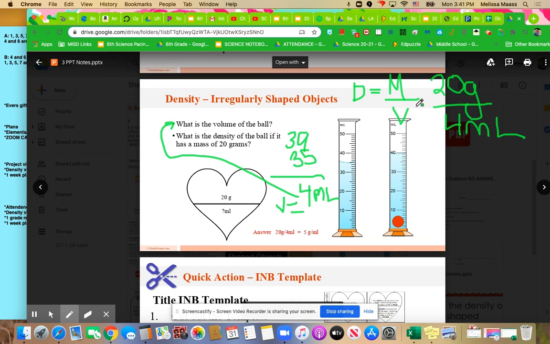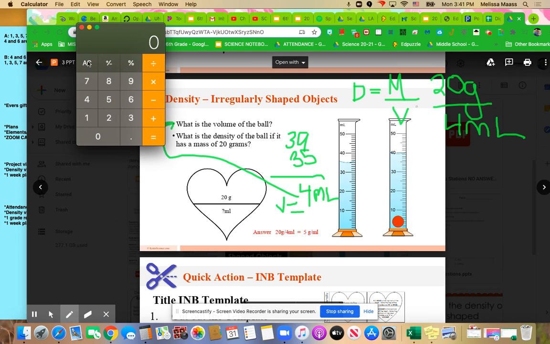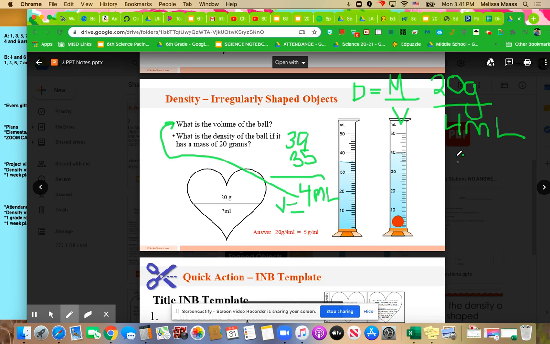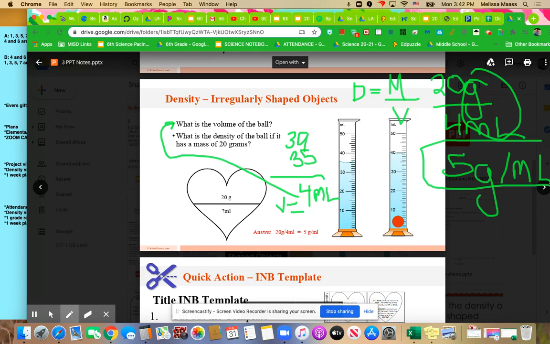Awesome. So now we're going to plug this into the calculator, and you have to plug it in right. Your top one needs to be plugged into the calculator before the bottom. So 20 divided by 4 is going to be 5. And it's not just 5. Remember, you have to put grams and milliliters together because for density we use both mass and volume, because it's a measure of mass and volume. So this is going to be our density.